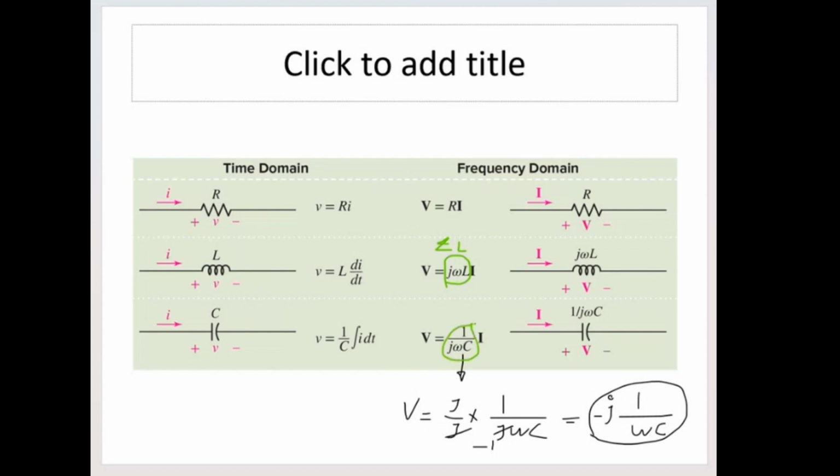So this is the impedance for our capacitor.